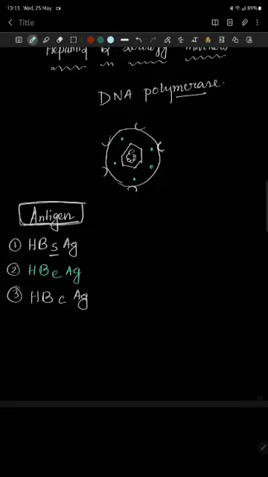The position of this E antigen is between the surface and the core protein, and it is known as hepatitis B E antigen.